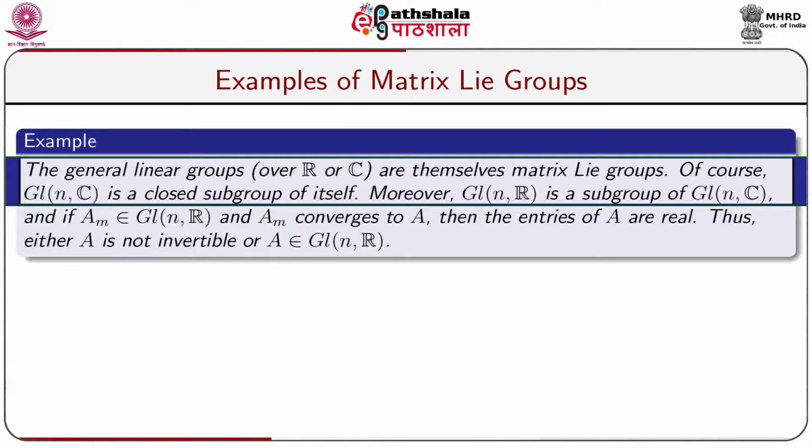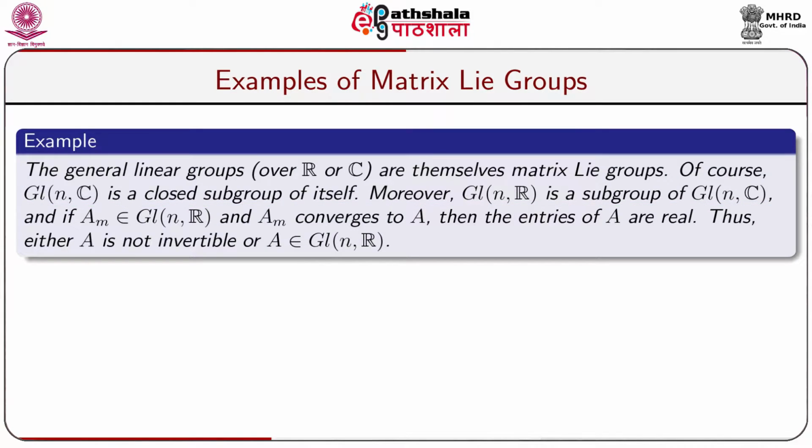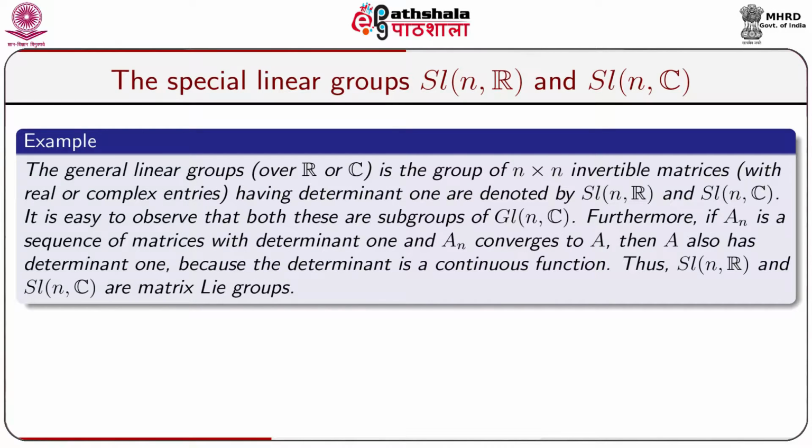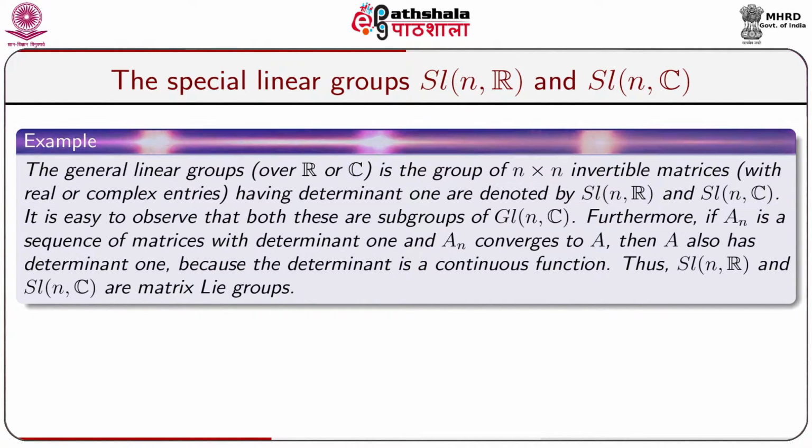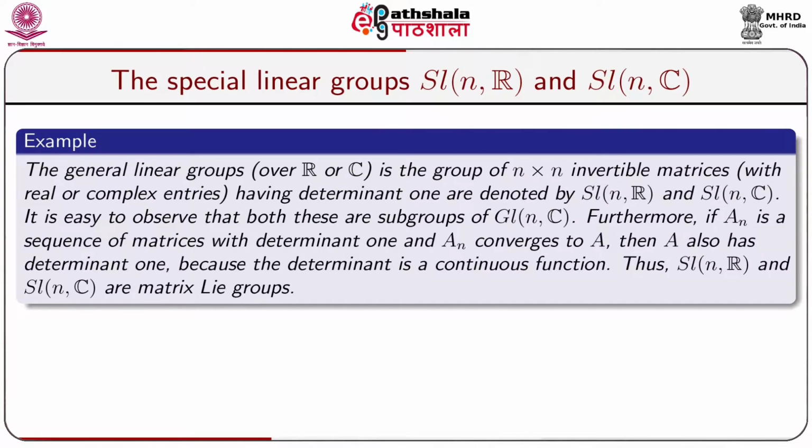It is easy to show that GLNR is closed in GLNC, so it is a matrix Lie group. Other examples of matrix Lie groups are SLNR and SLNC, where by SLNR or SLNC we mean all those elements of GLNR and GLNC whose determinant is 1.